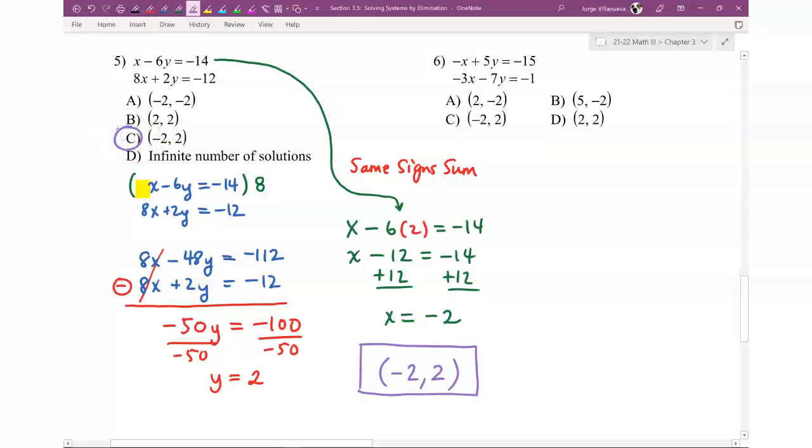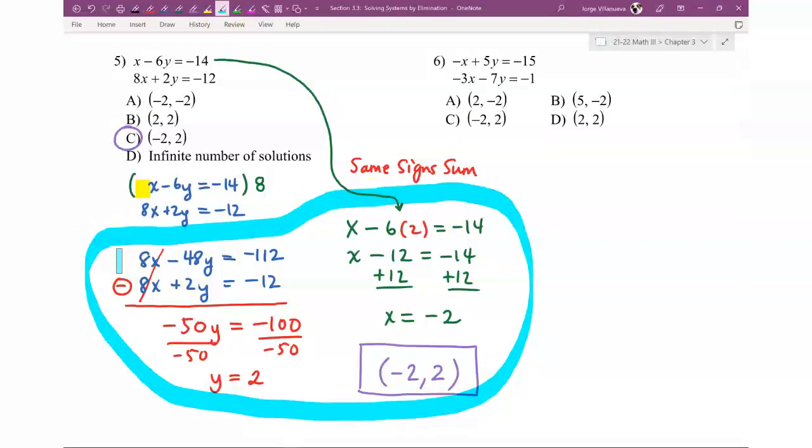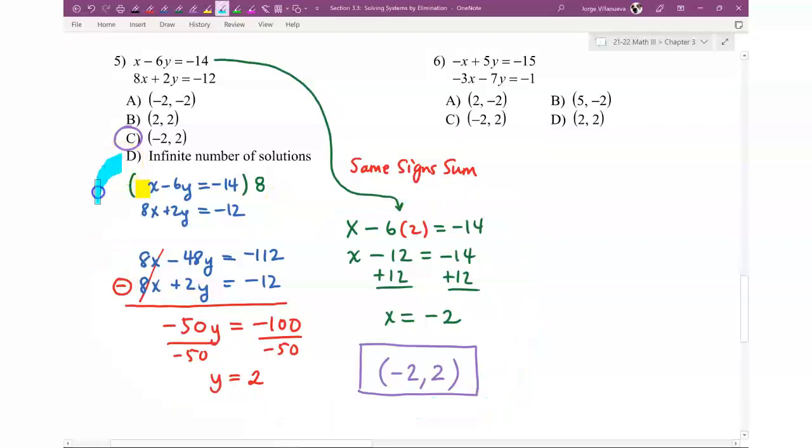Go ahead. So, again, guys, the process from here, like all of this, was the same as the other problems, the ones we called the easy problems, right? It's the same thing. The only difference is this part right here.